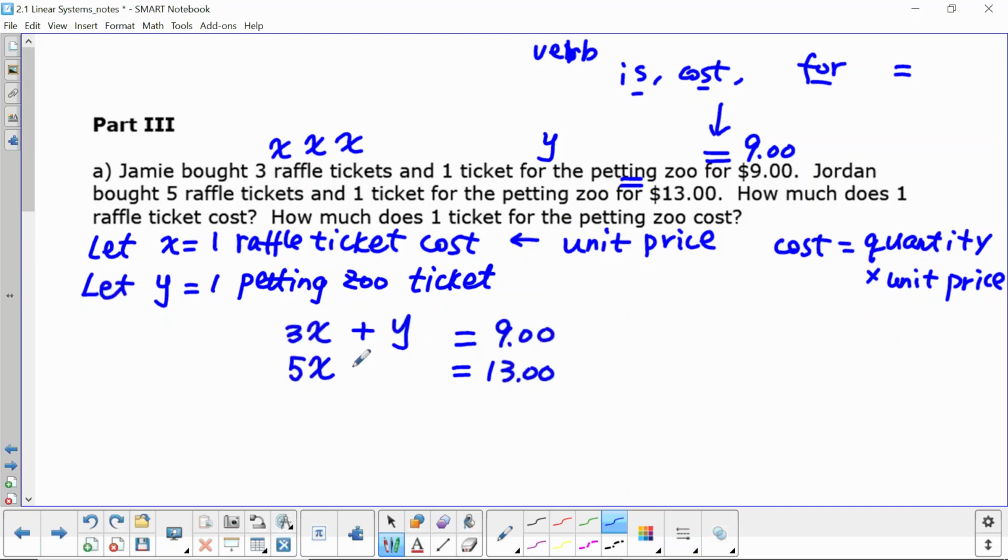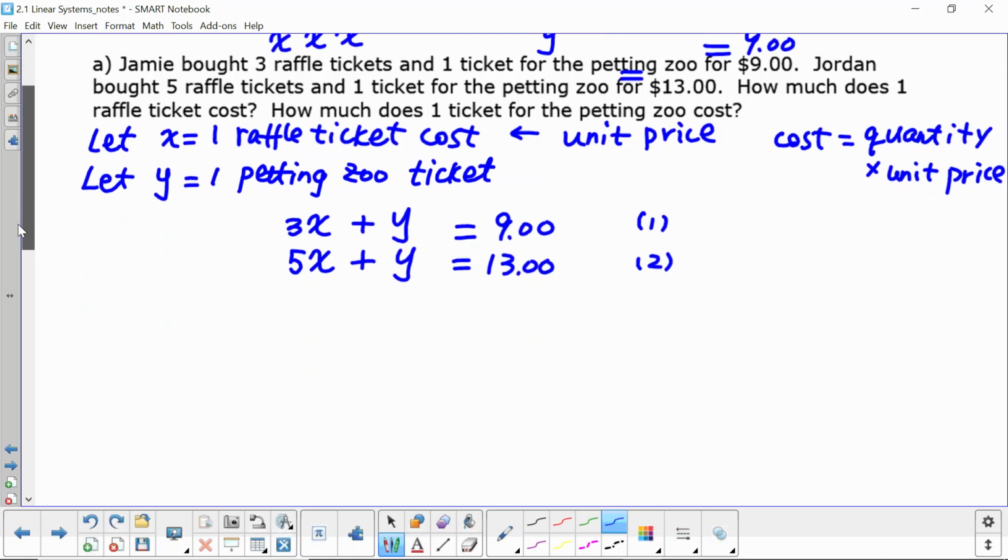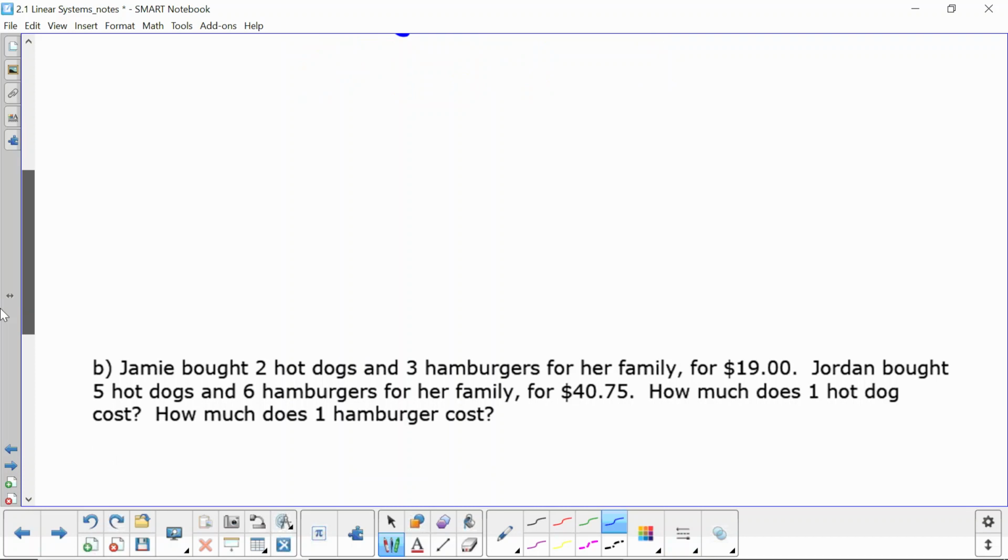Okay, so plus y. And we are going to stop here because I want to show you how to solve this equation. Then we come back to solve it. We label this one equation 1, equation 2. Then we are going to set up the second system.